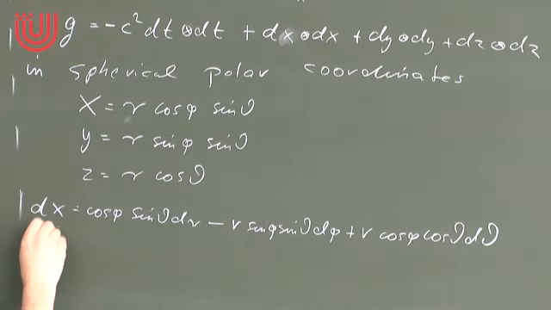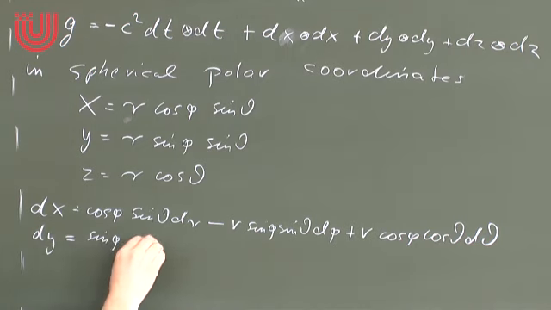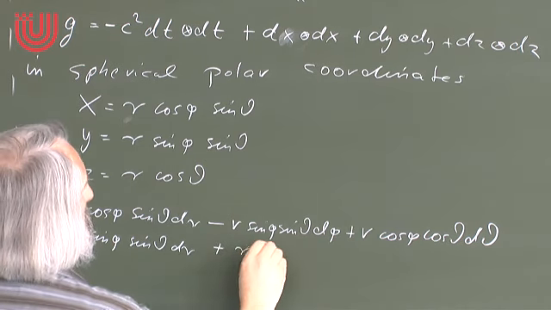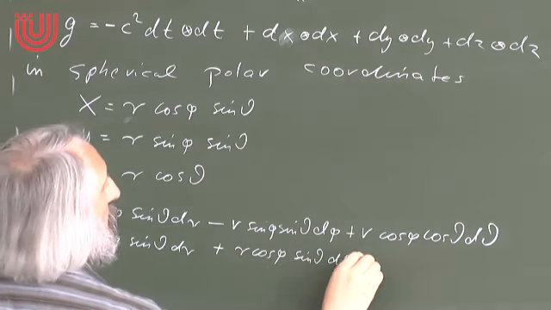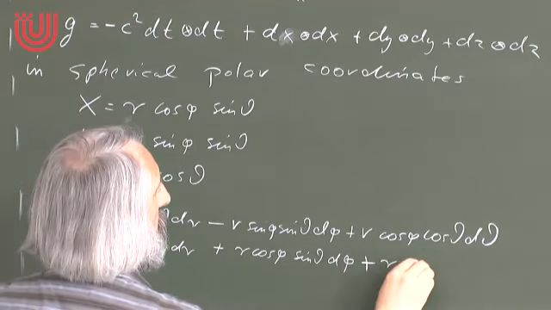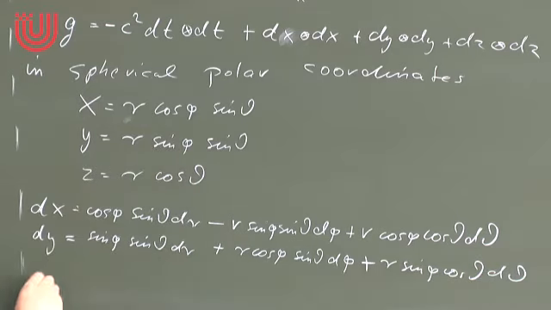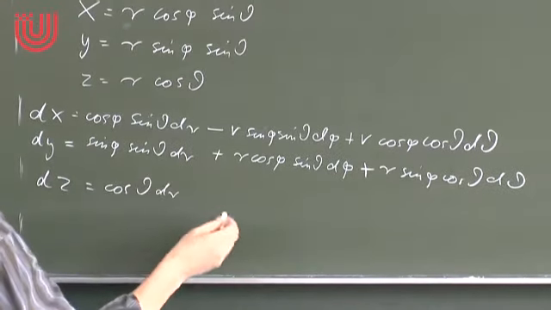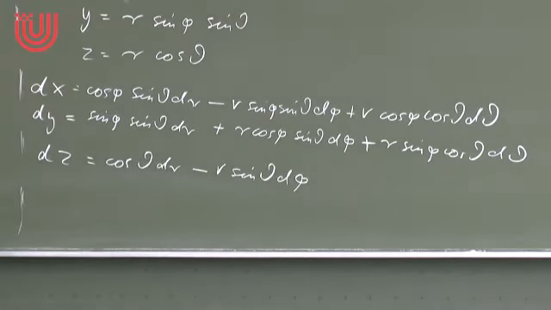And analogously for dy and dz: dy is sine phi sine theta dr plus r cosine phi sine theta d phi plus r sine phi cosine theta d theta. And the last one is the easiest: dz is cosine theta dr minus r sine theta d theta.